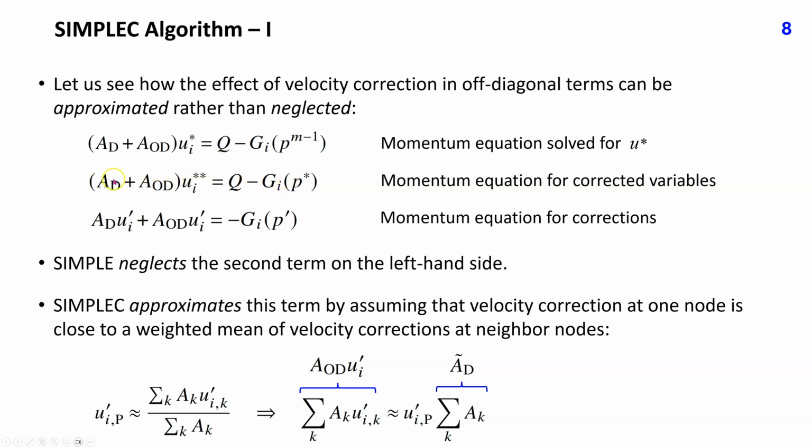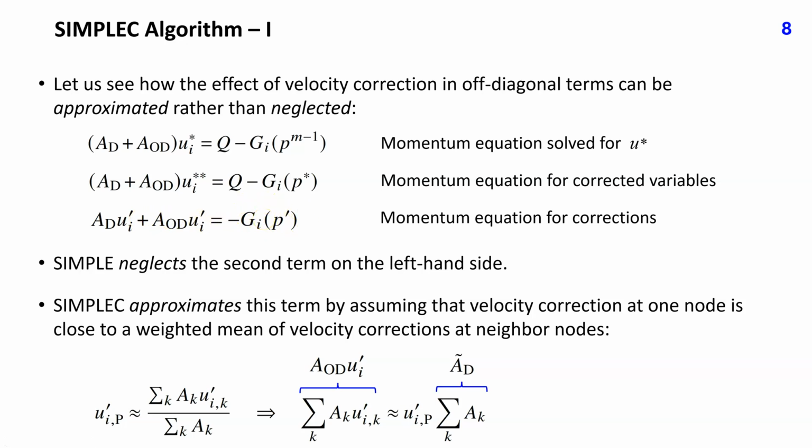Velocity is here corrected in all terms. When we subtract the first equation from the second one, we obtain the following relation between velocity corrections and pressure correction. The SIMPLE algorithm neglects the second term on the left-hand side to obtain a direct relation between velocity correction at the grid node P, or cell center, and the gradient of pressure correction.